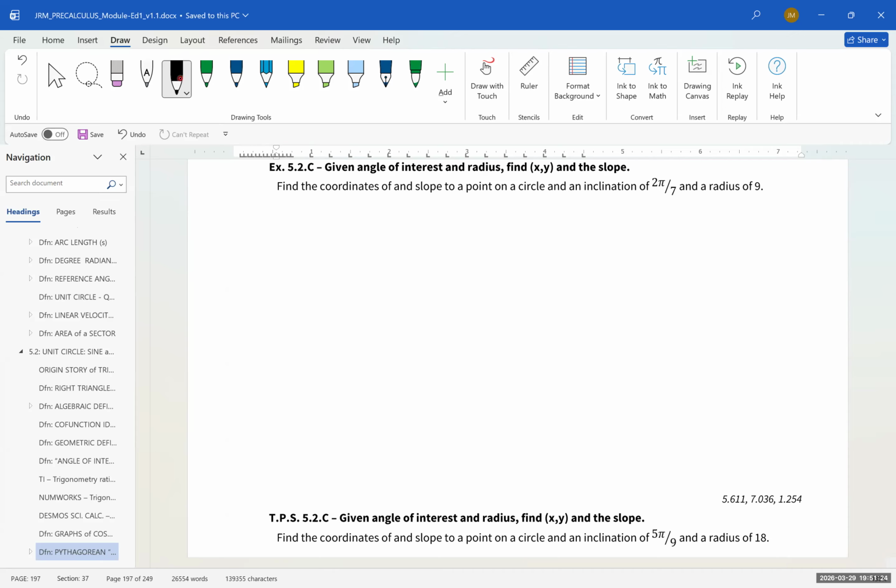All right, so the way that we need to interpret that, let's first draw a picture. So here's our unit circle. We have an inclination of 2 pi over 7, so that means our angle of interest is going to be 2 pi over 7.